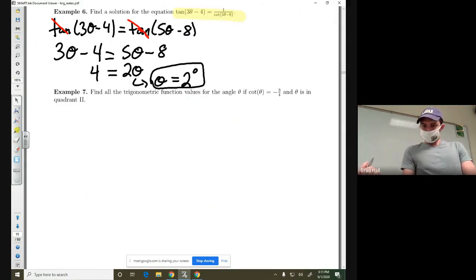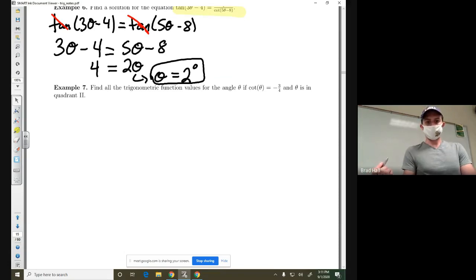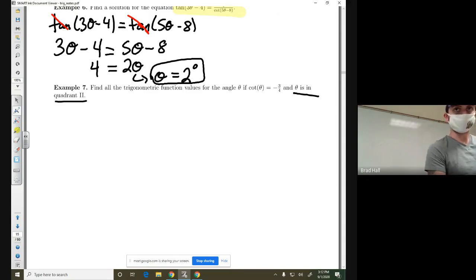So finally, I'm going to go ahead and use this last amount of time to find all the trigonometric function values for some angle. And they give us a good plethora of information. So what I'm going to utilize first is that theta is in quadrant 2. So why is that helpful? It's because we can draw an angle in quadrant 2.